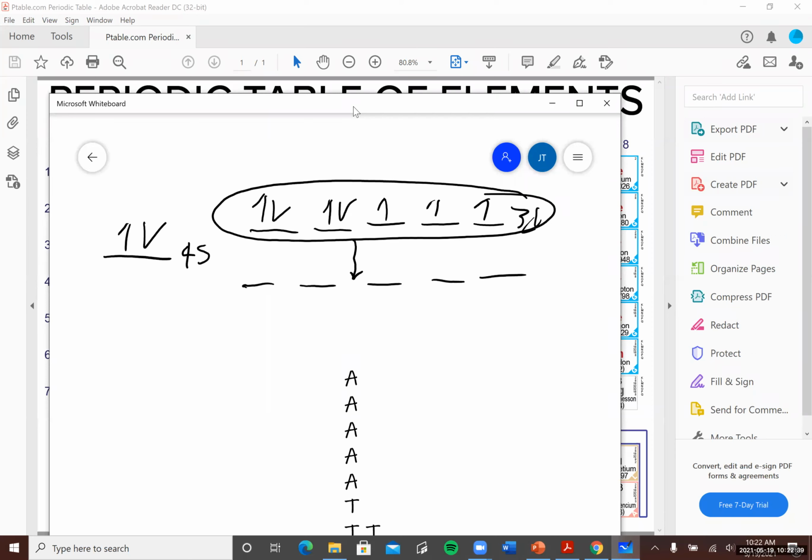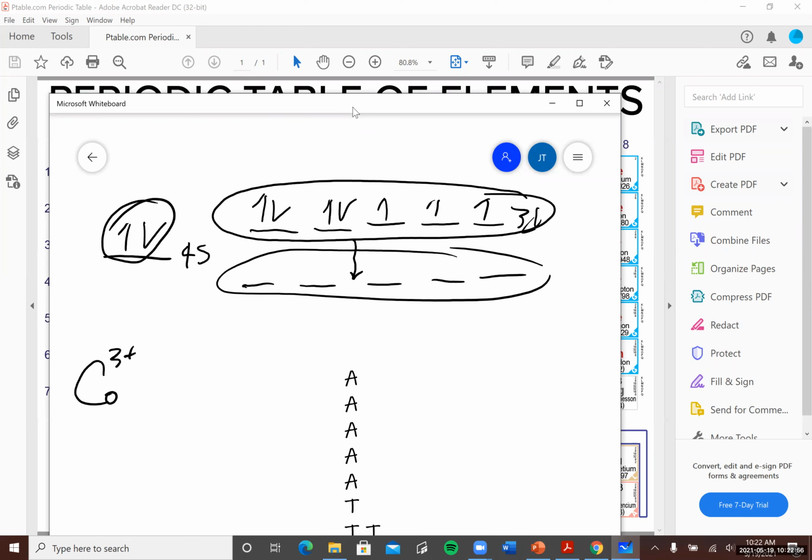Now, since they're lower energy, when it comes time to make a cobalt 3 plus ion, I take the valence electrons out of the highest energy orbital. These guys come out first, and then one of these guys comes out.